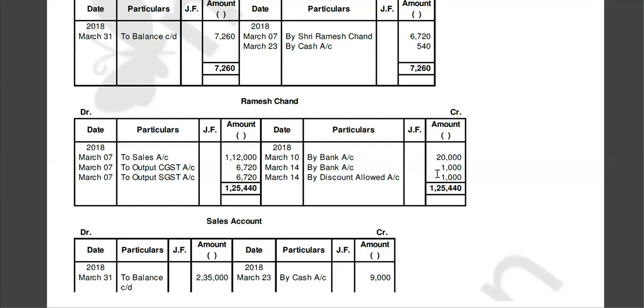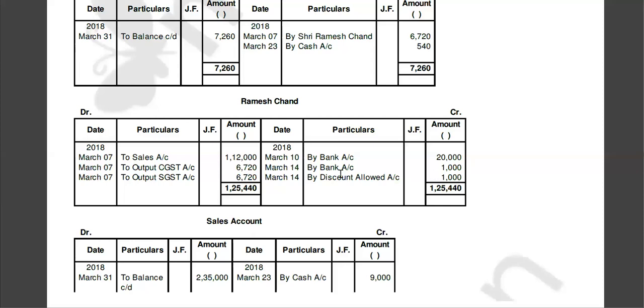You will get 1,000. This 1,000 is called discount allowed, because at the time of discount allowed, discount allowed account debtor, because discount allowed is considered as an expense. So discount allowed account debtor to that particular person. So discount allowed is always debit.